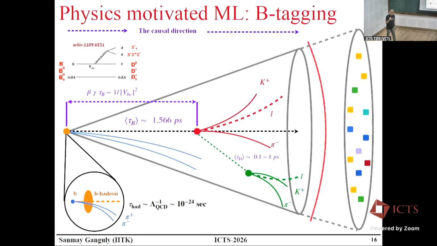What really distinguishes a heavy flavor jet from a light flavor jet is the presence of these secondary vertices. So for us experimentalists, it's very important that we identify and characterize the properties of these secondary vertices lying inside the jet.